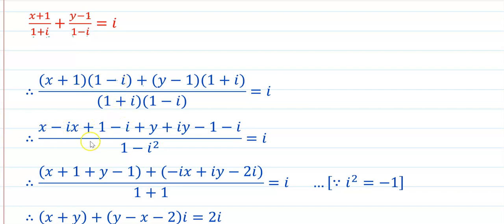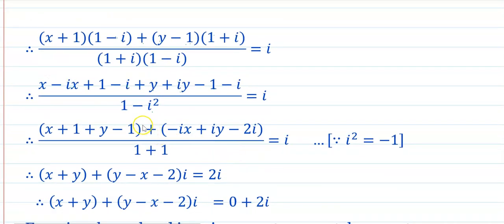Okay, these are the four terms. x into 1 is x, y into 1 is y, y into i is iy, minus 1 into plus 1 is minus 1, minus 1 into i is minus i. For the denominator, a plus b into a minus b means what? a square minus b square, is equal to i.